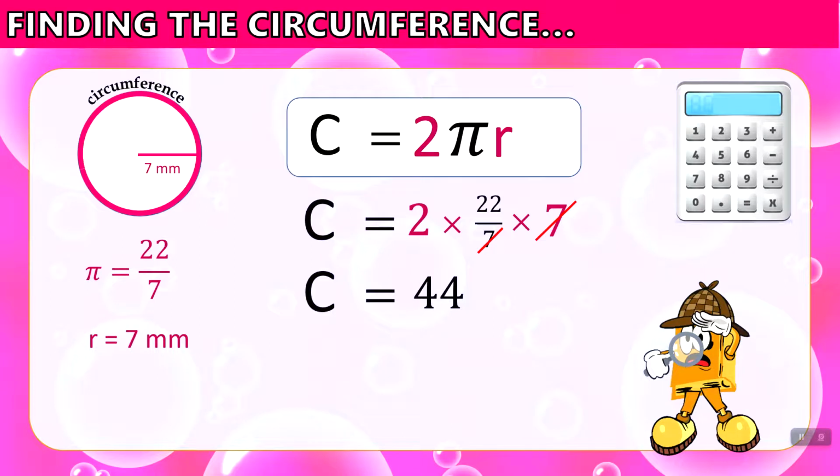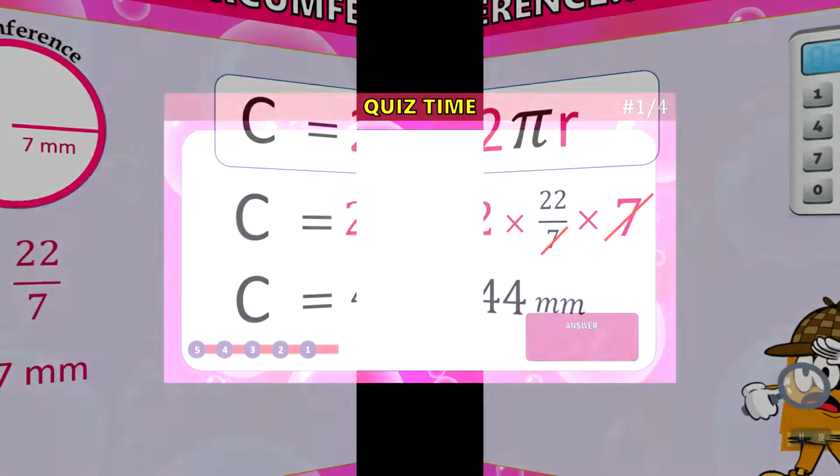If we check our calculator, 2 multiplied by 22 divided by 7 times 7, we get 44. And we can't forget the units, millimeters. For a circle that has a radius of 7 millimeters, it has a circumference of 44 millimeters.